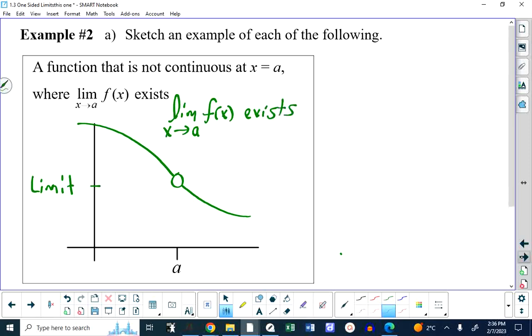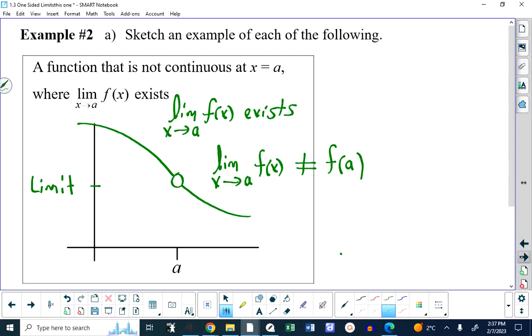However, the limit as x approaches a of f of x is not equal to f of a, because the function doesn't exist at a.